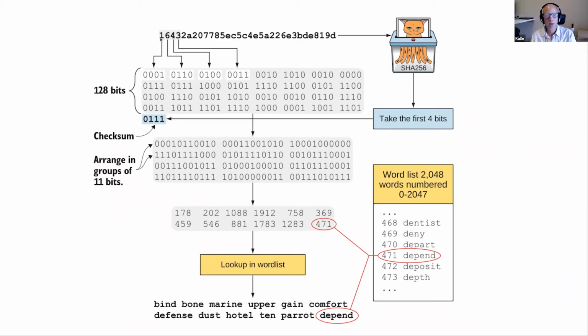Each character in this hex code is 4 bits. Then we hash the entropy to get a hash, and we take the first 4 bits of this hash and add them as a checksum at the end. You may recognize the pattern, but here we only use 4 bits for a checksum.